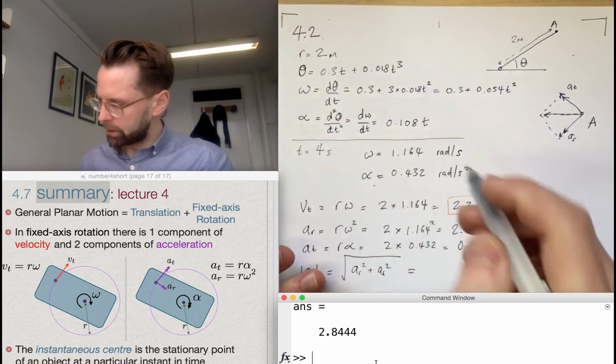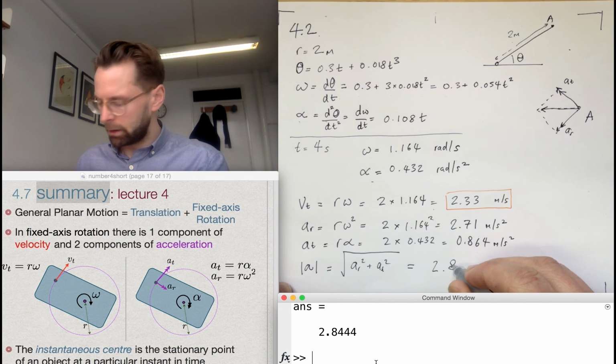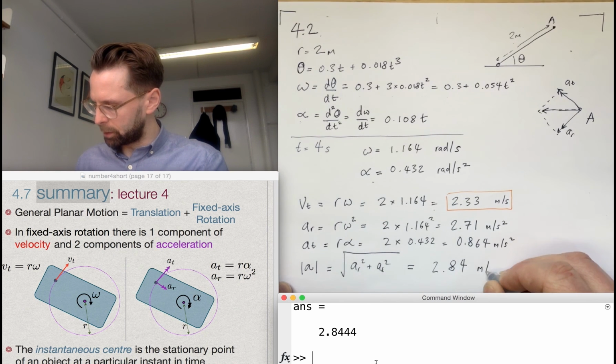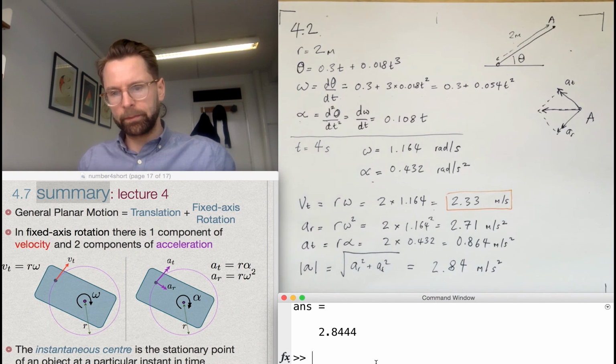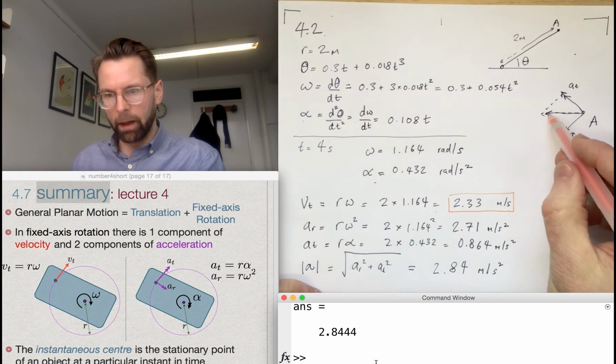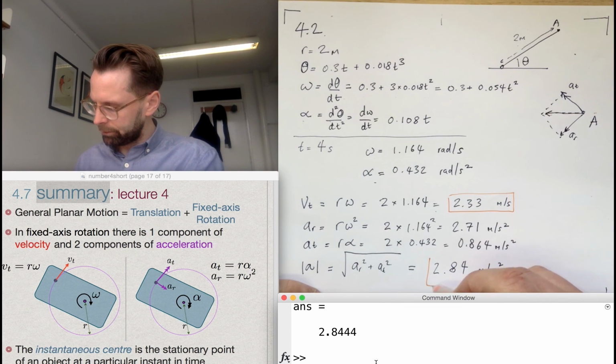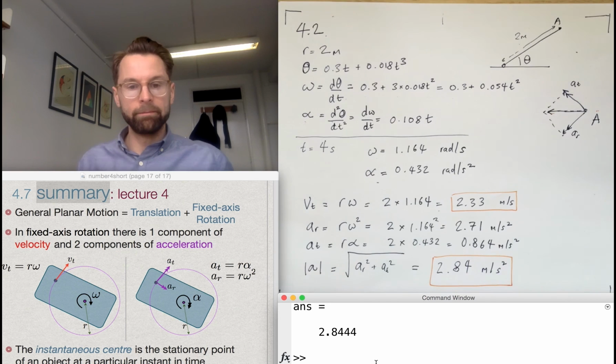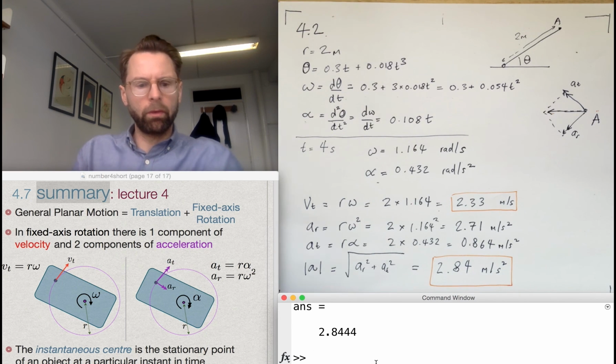And that gives us 2.84 meters per second squared as our total magnitude. That's the length of that. And that's, I think, all for that question.